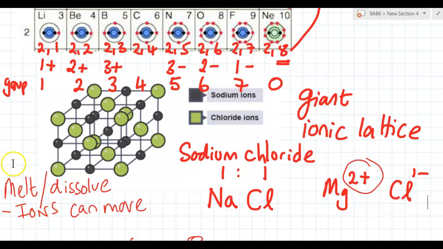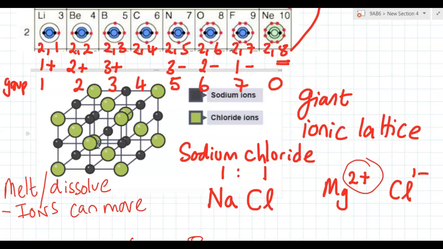So we were just saying, finally, just remember that if you melt or dissolve ionic compounds, they will conduct electricity because you've got charged particles, but they can only move if you melt them or dissolve them. Okay, so if something is conducting electricity and it's a solid, it has to be a metal, or it could be graphite.